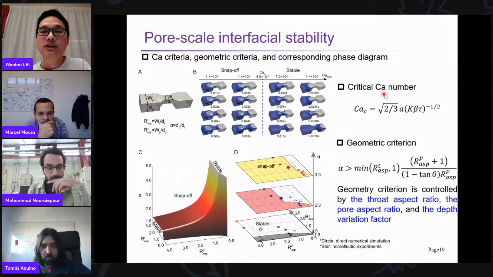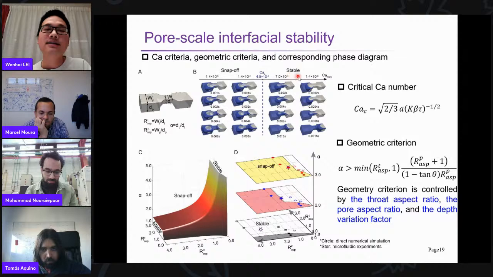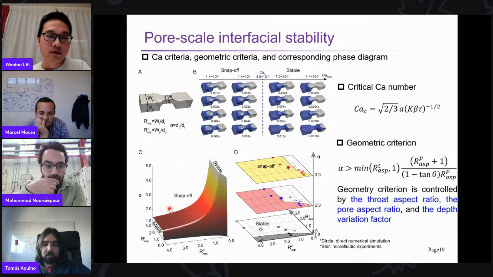So first, for the critical capillary number, we conducted a series of simulations and found that if the capillary number is smaller than the critical value, it's dominated by the corner flow. Otherwise, when the capillary number is larger than the critical value, the main meniscus will dominate the flow behavior and present stable cases. And for the geometric criteria, we can draw a 3D surface in the space of depth variation, aspect ratio of throat, and aspect ratio of pores.